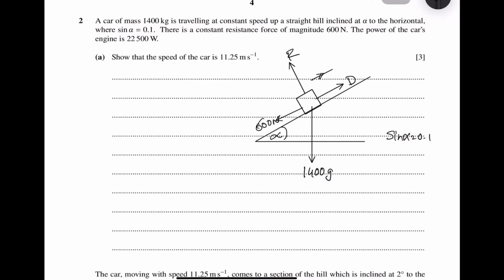When we are solving this one, that time we need to find out what is the driving force given, and since it is with constant speed, must be careful, its acceleration will always be 0 meter per second squared.